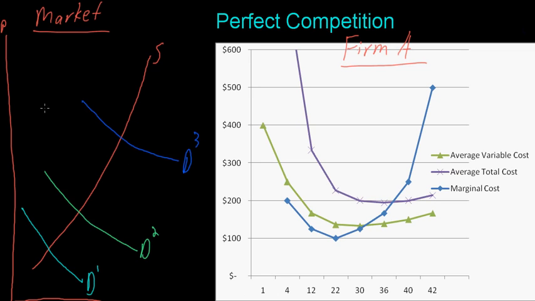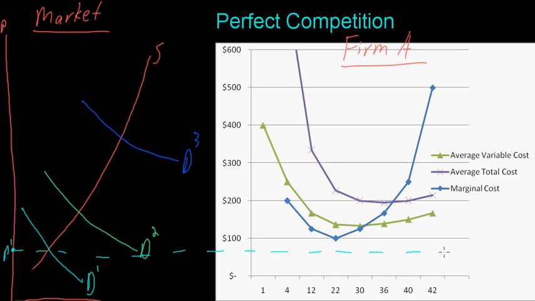Okay, so demand can be any one of these 3, and supply could be different from this supply, but I don't need to change it right here. I can just change demand to keep it simple. So now we know that in the market, this is going to be the equilibrium price for D1, so we'll call this P1. Remember, in perfect competition, all firms and all buyers are price takers.